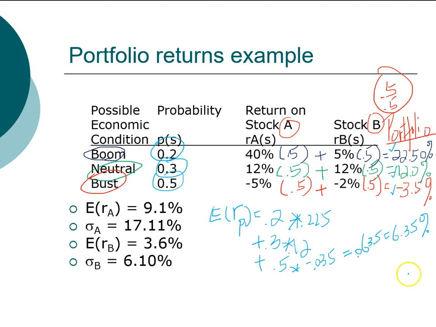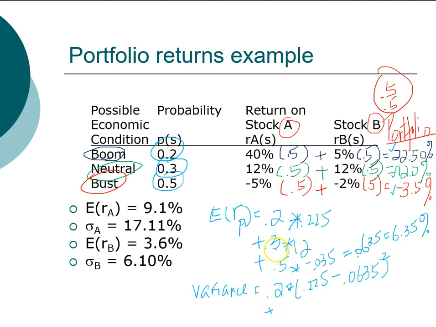And you can do the same thing. You can compute the variance for the portfolio. Again, the same approach as you've done to compute the individual stock. So the variance is equal to a 20% chance that you will earn 22.5%, the first scenario, when you are expecting 6.35%.